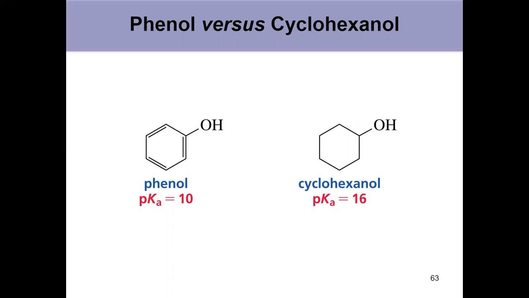There's a little bit of a higher degree of inductive electron withdrawal, because I have an sp2 hybridized carbon here versus an sp3 hybridized carbon over here. And remember, something with more s character is more electronegative, so it's going to withdraw electrons inductively a little bit stronger, in this case being sp2 hybridized. But really the difference is all about delocalized electrons.